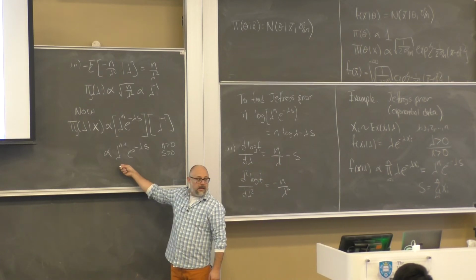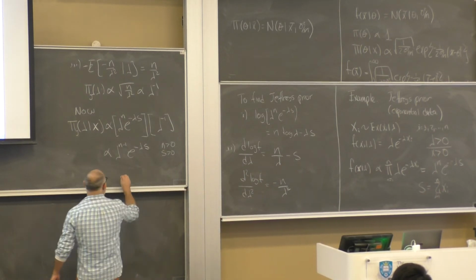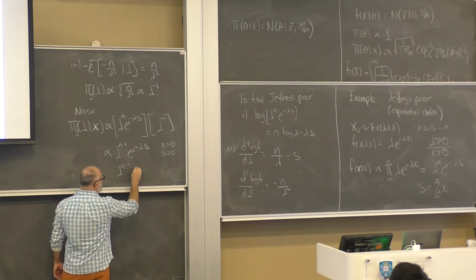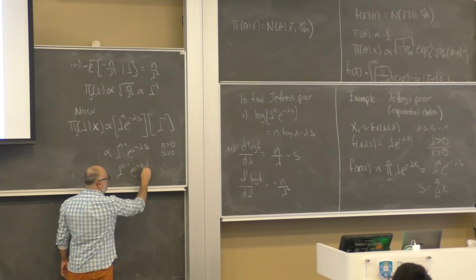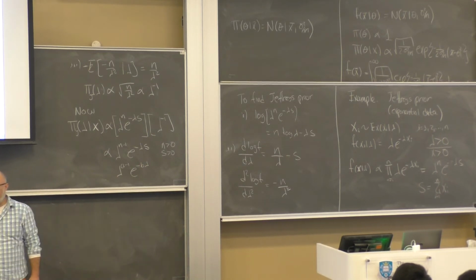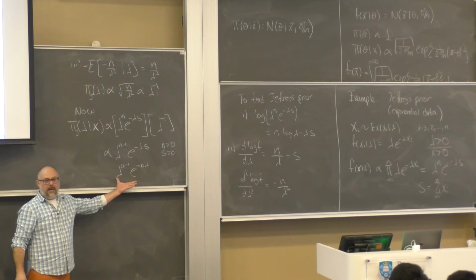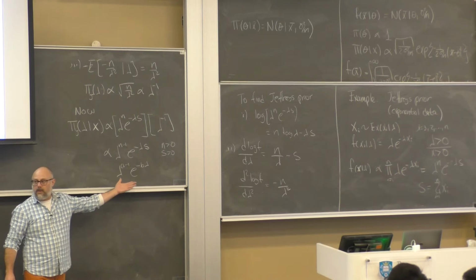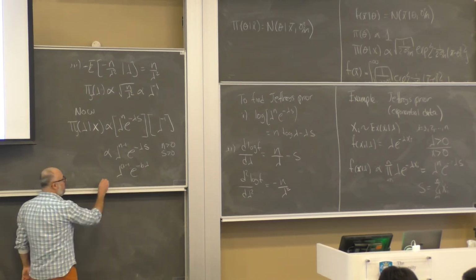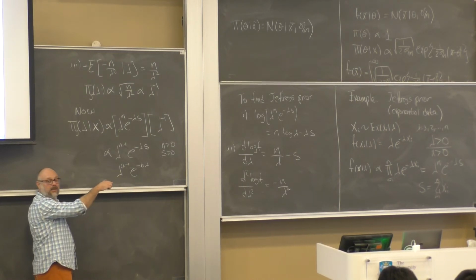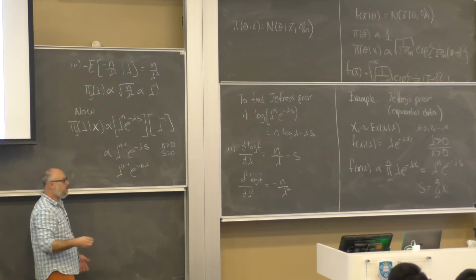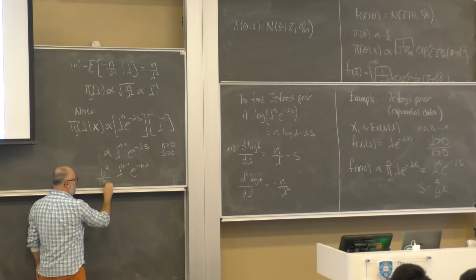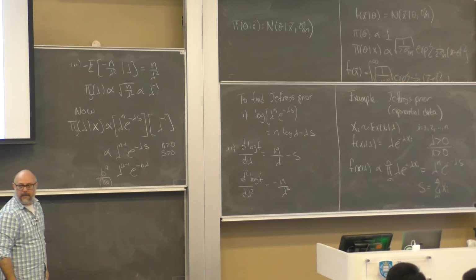So this looks like lambda to the a minus 1, which is the main part of a gamma distribution. If you look at your notes, what I need to multiply this by to make it a PDF is that constant there.